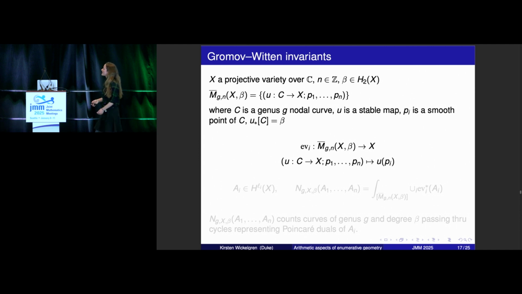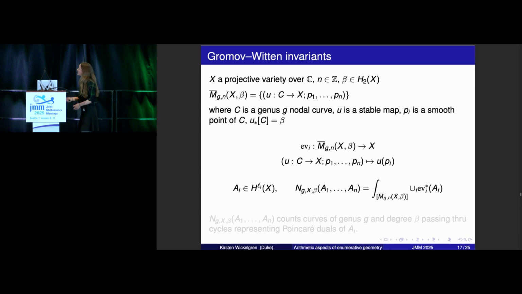So the Gromov-Witten invariant, N_g(X, beta), takes as input some classes in the cohomology of X, in the l-adic cohomology of X, and there's a virtual fundamental class of M bar g,n, and so we can push forward the cohomology class, which is the pullback under the ith evaluation map of a_i.